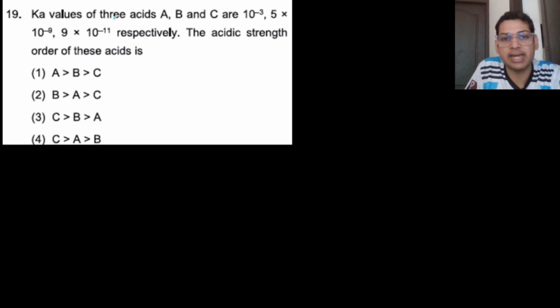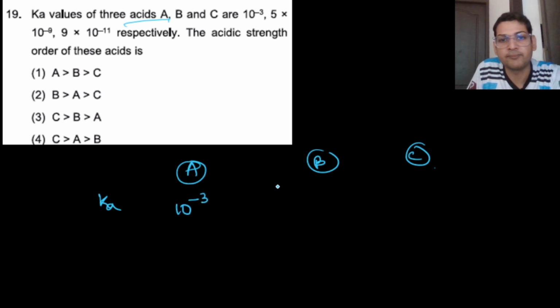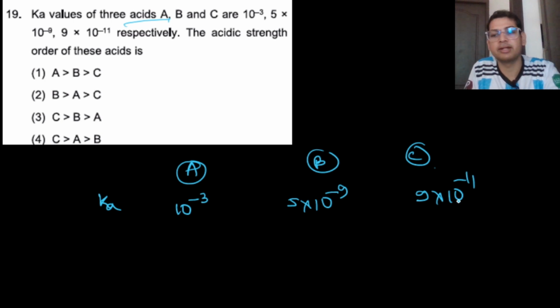Okay, so here what is given? Ka values of 3 acids are given, A, B and C. Then what are the values given? 10 to the power minus 3, 5 into 10 to the power minus 9 and 9 into 10 to the power minus 11. If this is given, then we can say the acidic strength.